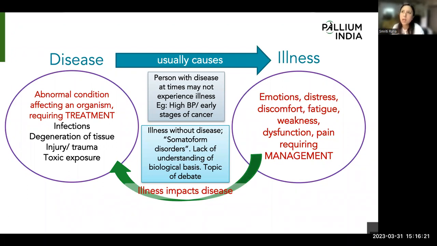So let's look at this. Somebody has cancer and they've got fatigue, they're very low affect, really low mood. How will that illness impact the cancer? How can all of that impact the cancer of the person? Low willpower can lessen desire to live.